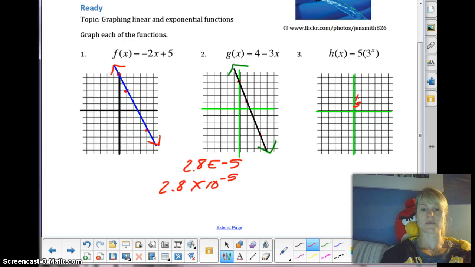We went 5, 10, 15, and so on. And then we put our 0, 5 in, which was right here. And then we had 1, 15, which is right here. And then we had our negatives, which made that asymptote. If you remember, this is exponential, and it gets closer and closer to this x-axis. Never quite touches that. So remember, that's your asymptote.